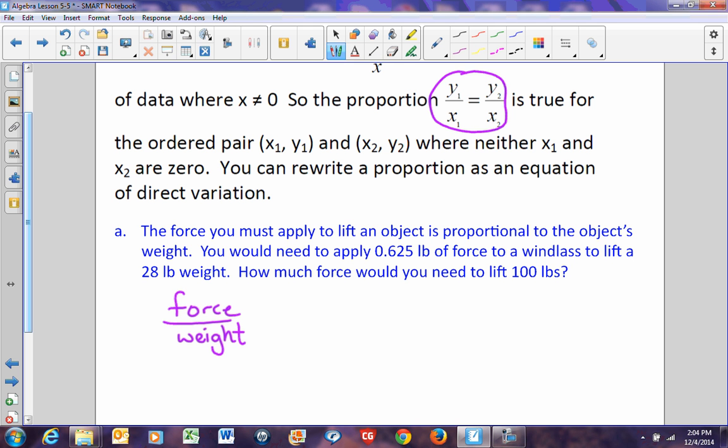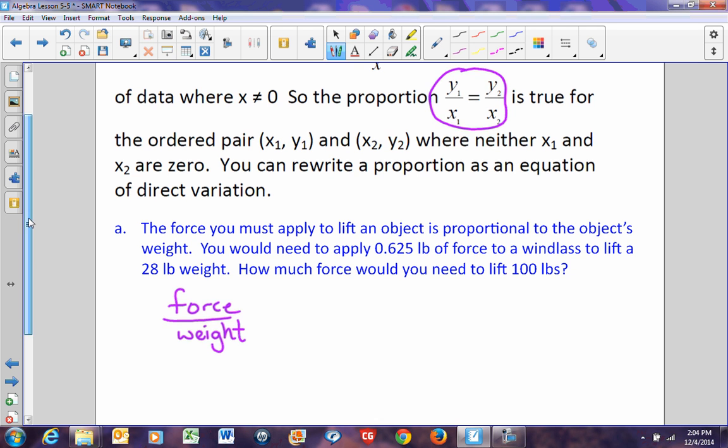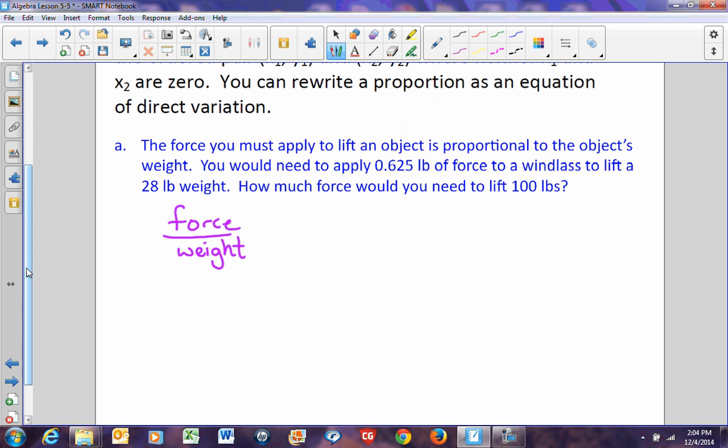It's true for any ordered pair. So I can look at this and it basically tells me that force over weight equals force over weight. You need 0.625 pounds of force to a windlass to lift a 28-pound weight. How much force do you need to lift a 100-pound weight?